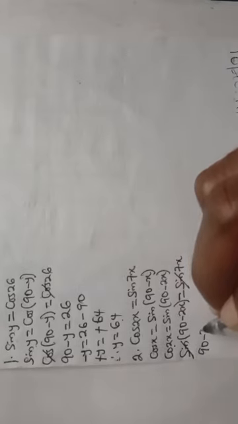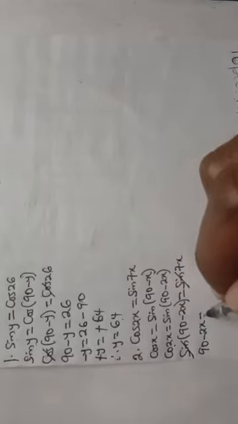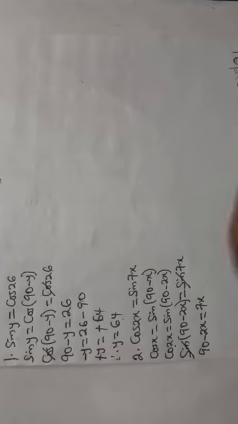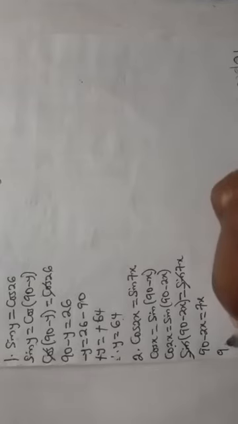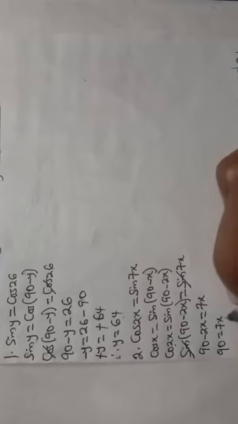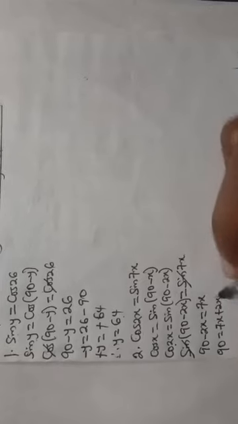Sine removes sine. So we have 90 minus 2x is equal to 7x. We will collect like terms. We are going to have that 90 is equal to 7x plus 2x.